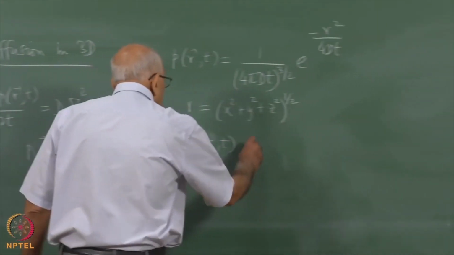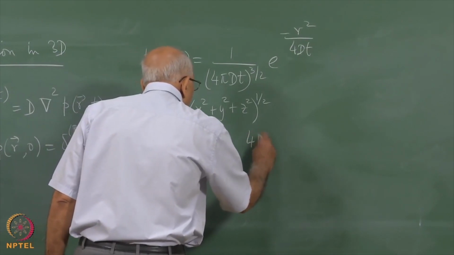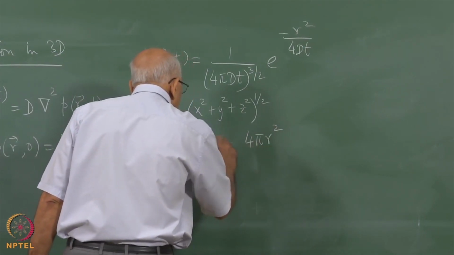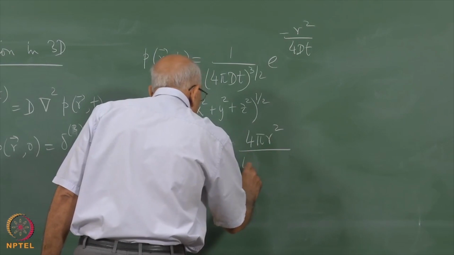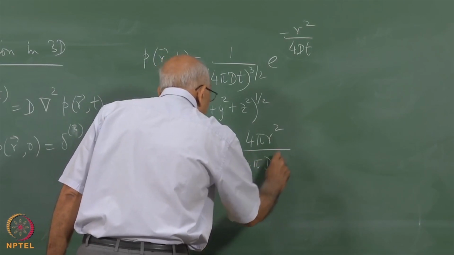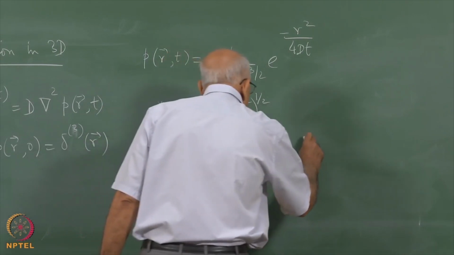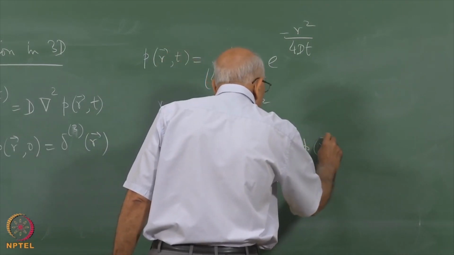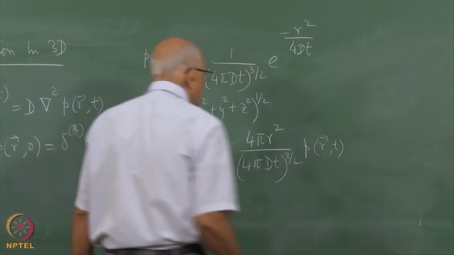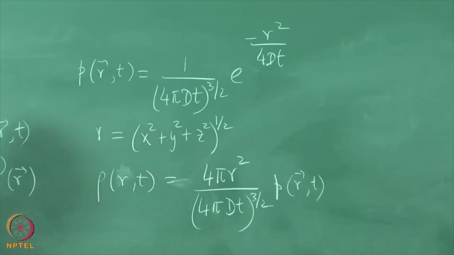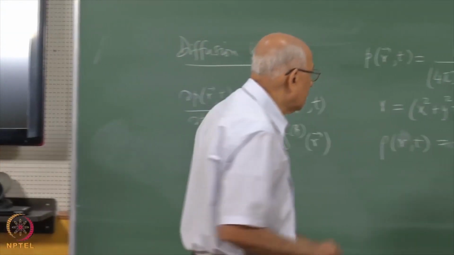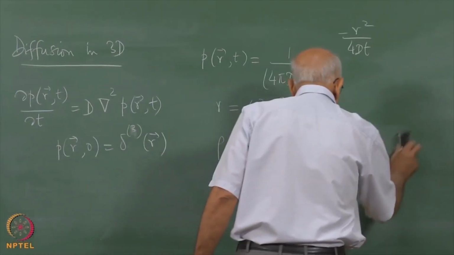So this is equal to 4 pi R squared over 4 pi Dt to the 3 halves P of R and T. Oh, sorry. You should write the exponential, or remove the E to the minus.